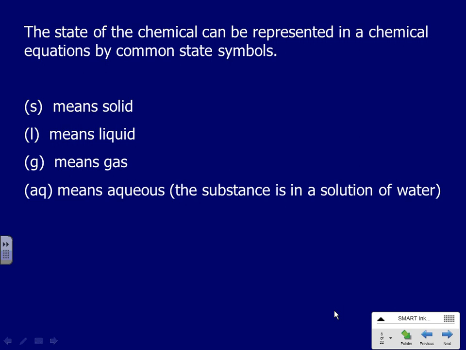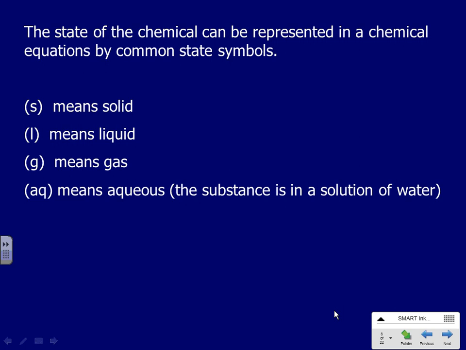Because that almost looks a little bit like brackets 1. In textbooks, it's not, because it's more convenient. You just put the font L, whatever it is. It's not a big deal which it is. G is gas, and AQ stands for aqueous. It means to be dissolved.